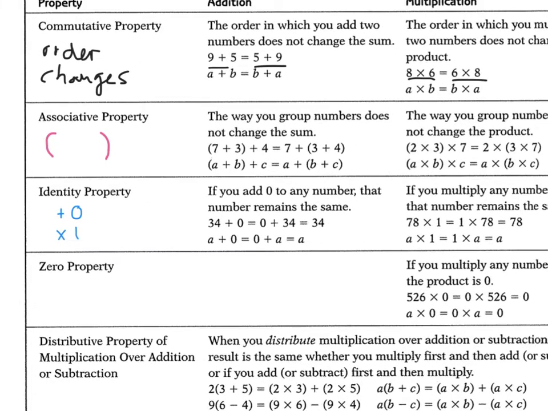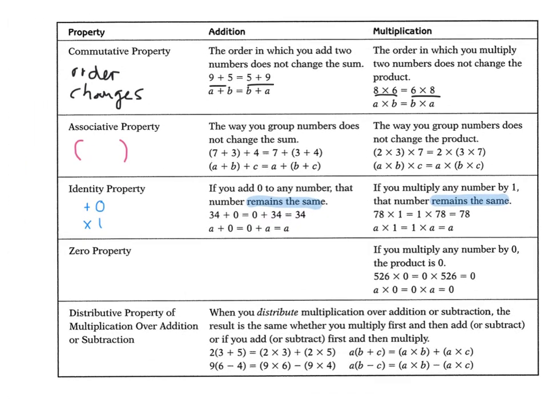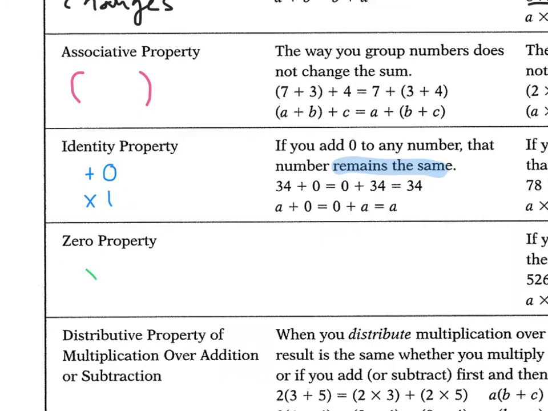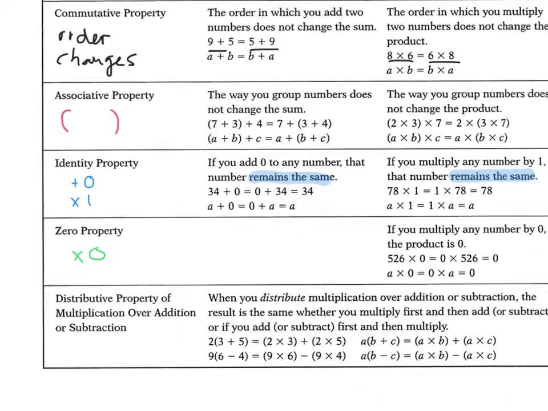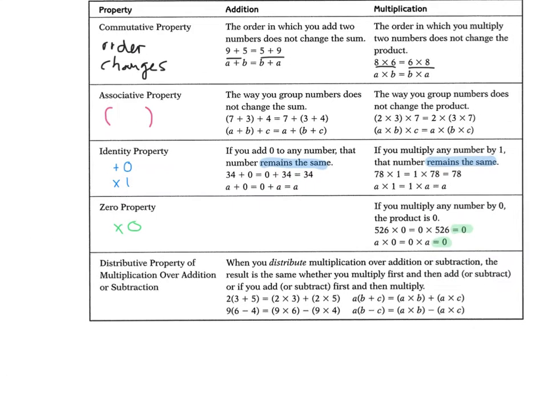So when we add 0, it's staying the same, and when we multiply by 1, it stays the same. And then we have our zero property. So this is when we multiply times 0 and we get 0 as our answer. So anything multiplied times 0 is going to equal 0.